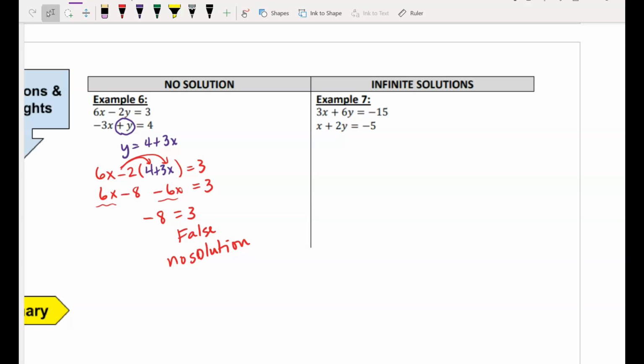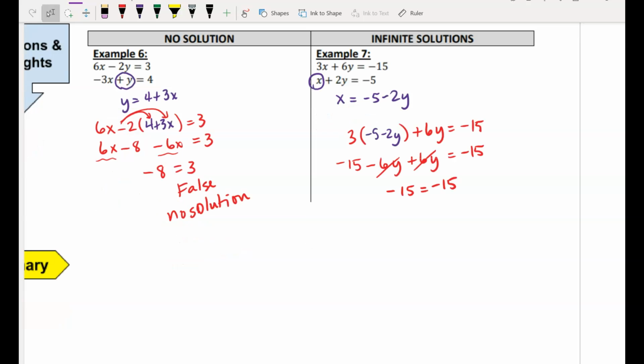Let's see what it looks like to get infinite solutions. Pause the video and solve this system using substitution. In this case, our variables canceled out to 0. I had a negative 6y and a positive 6y, so no variables are left after I do the substitution. But I get a true statement.